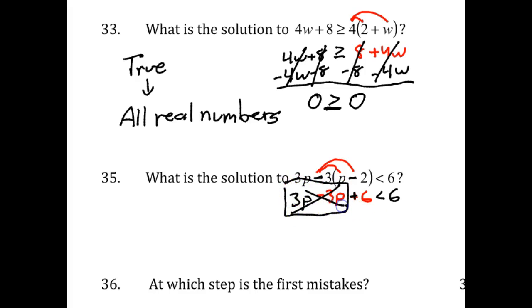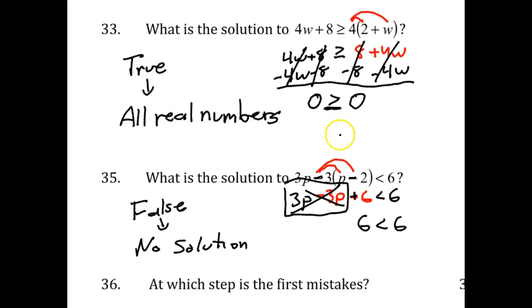So we're left with just 6 is less than 6, which is not true. 6 is not less than 6, right? So that's a false statement. And whenever you have a false statement, you conclude there's no solution. So these two are opposites of one another. One is true, 0 is greater than or equal to 0, and that's all reals. And if it's false, then it's no solution.